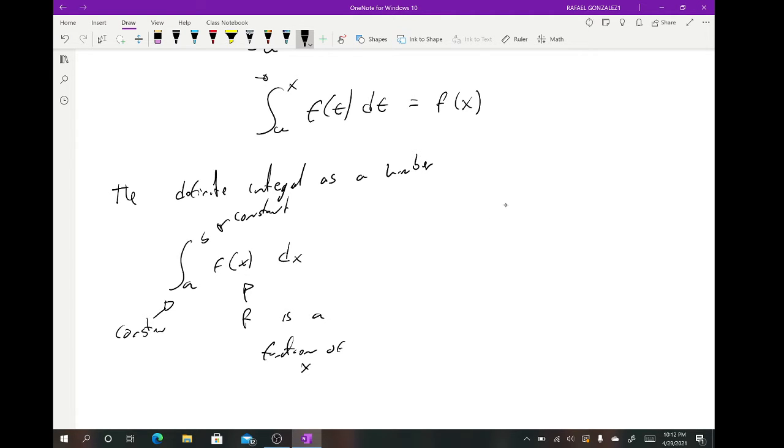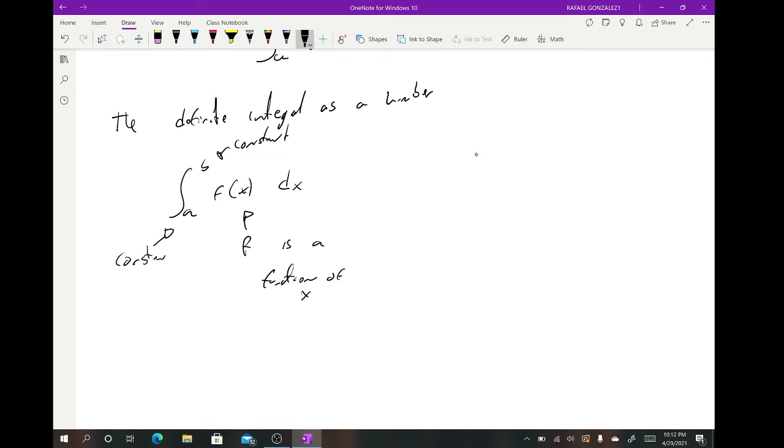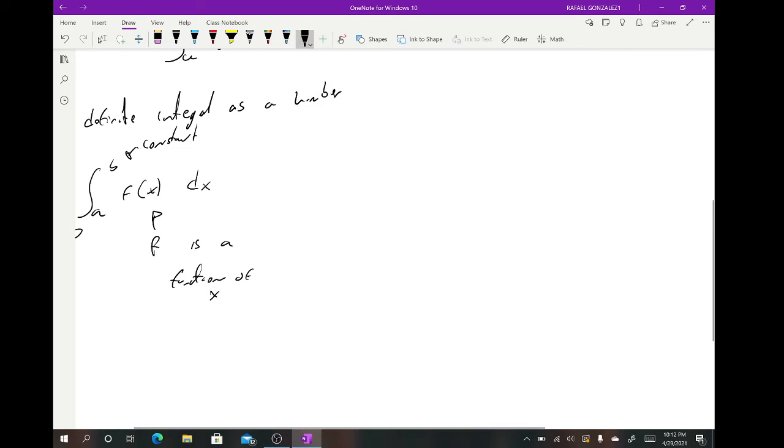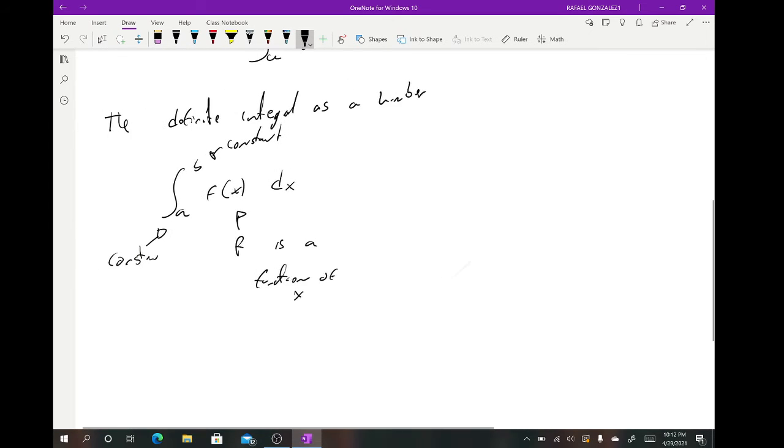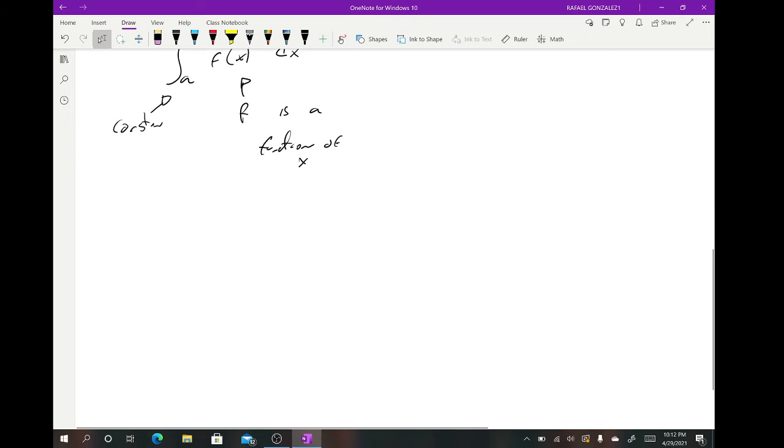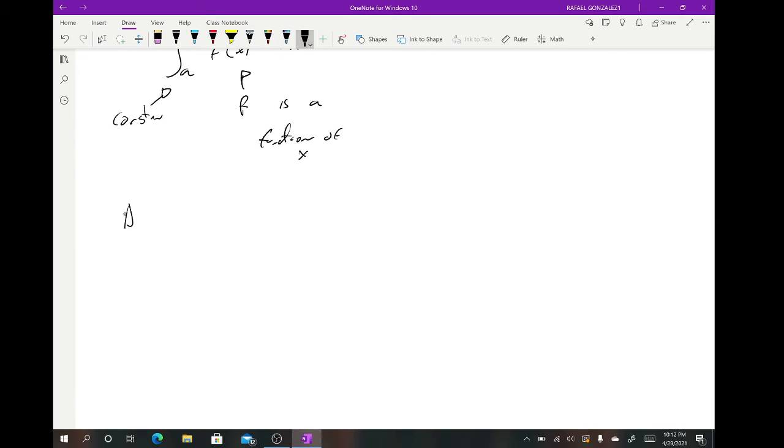And the other one that I wrote, I'll do it at the bottom, is the definite integral as a function of x.